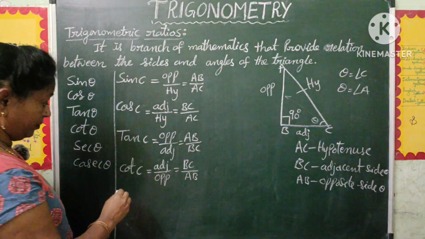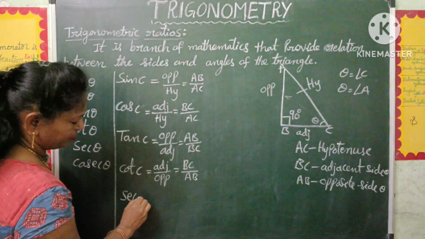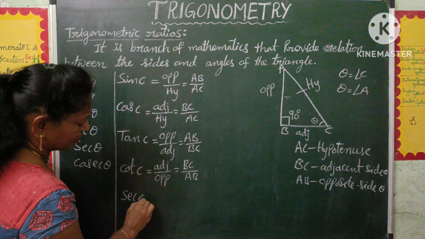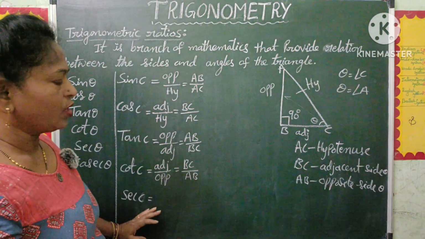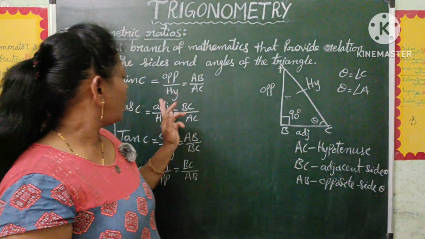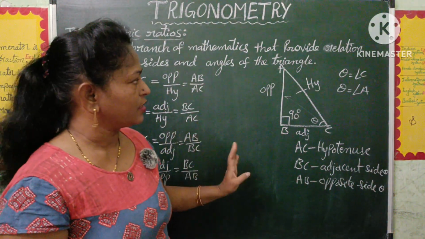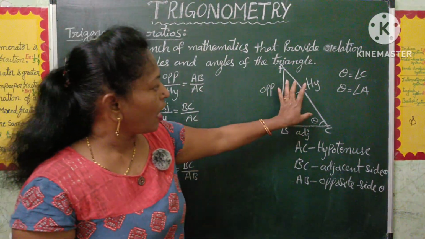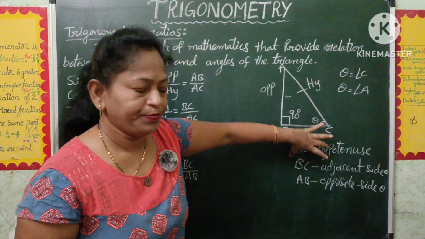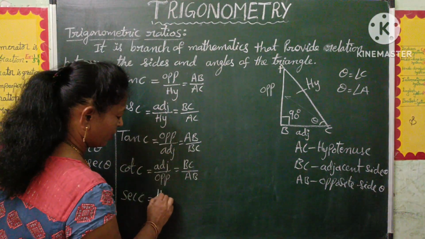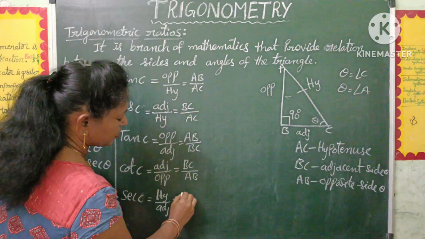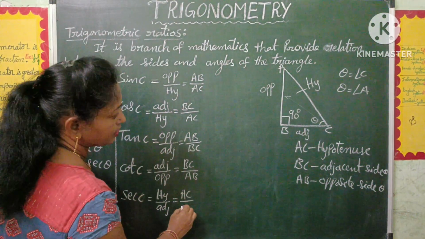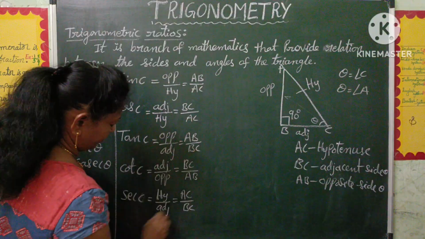Next, secant theta, sec C. This is the reciprocal of cos. Cos is adjacent by hypotenuse, so sec theta is hypotenuse by adjacent. Here hypotenuse is AC and adjacent is BC.